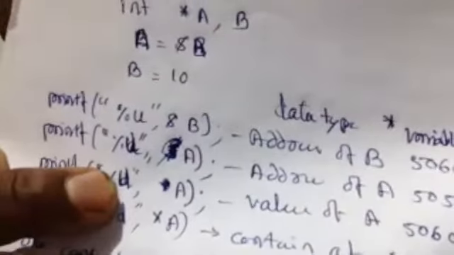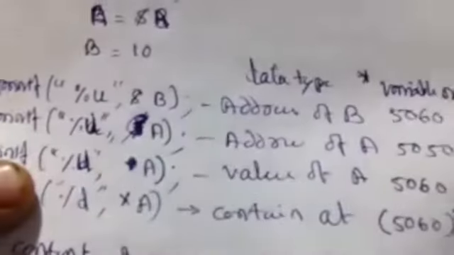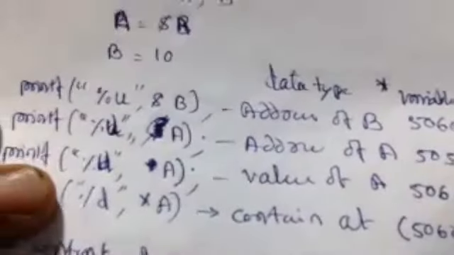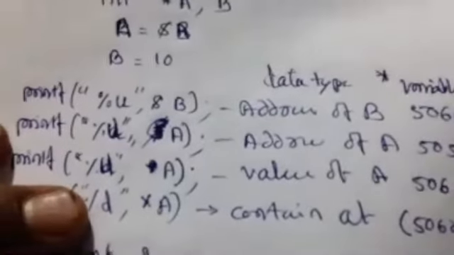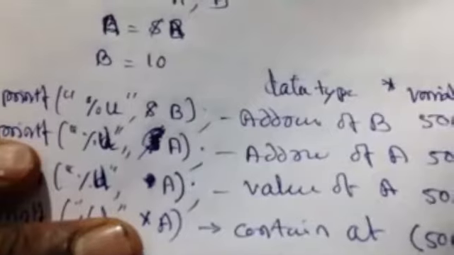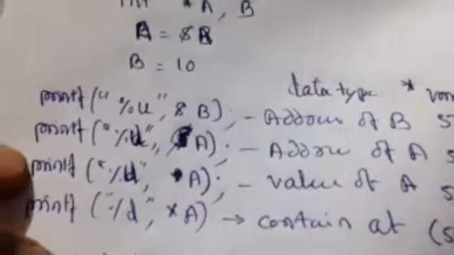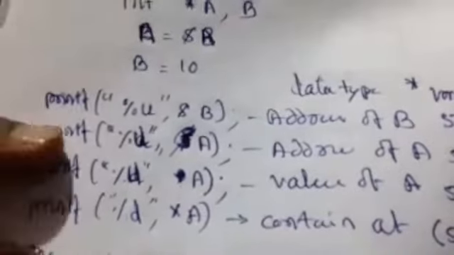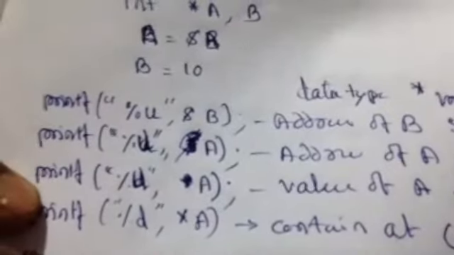Percentage D ampersand A. Then printf percentage U, D or U, percentage U A. And finally printf percentage D star A. Is it clear?